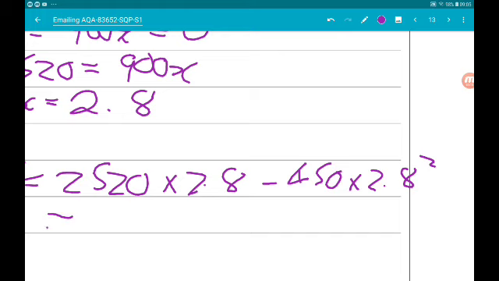Now that should give us 3,528 centimetre squared. Cool.